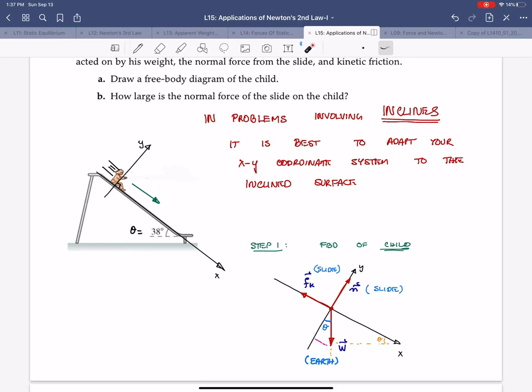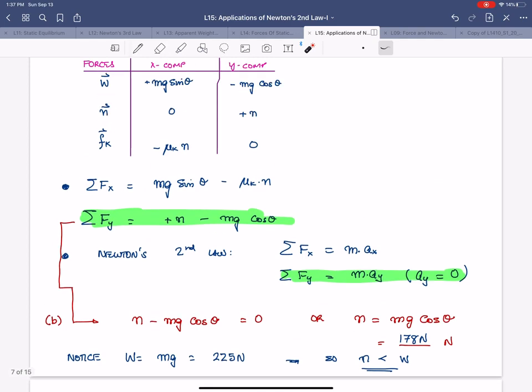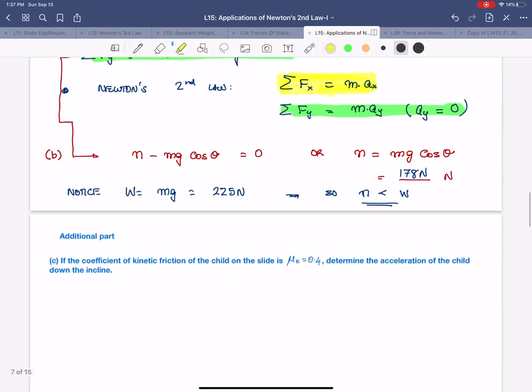Okay. Now, in this problem, one can add an extra part. We've got another equation out here, this equation here, the x component of the net force. And you might say, well, what is that equation good for? Well, here is an additional part to this problem.